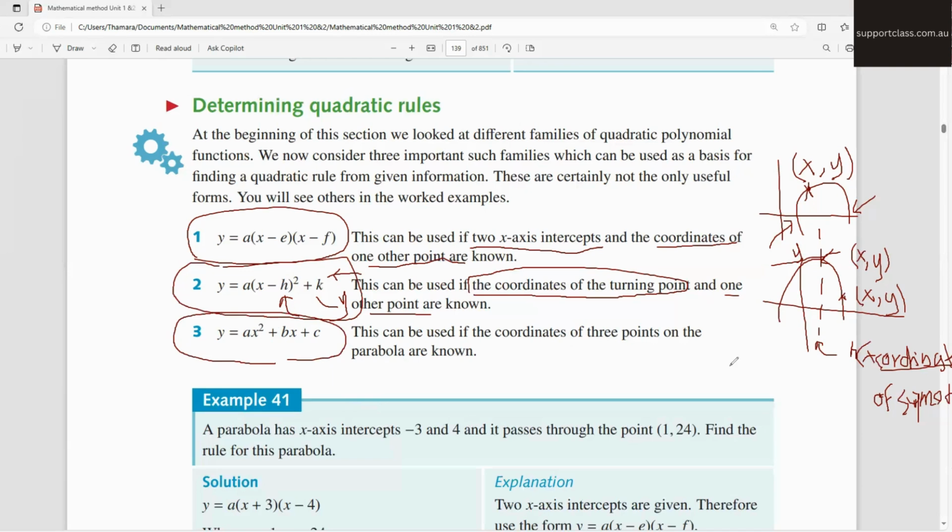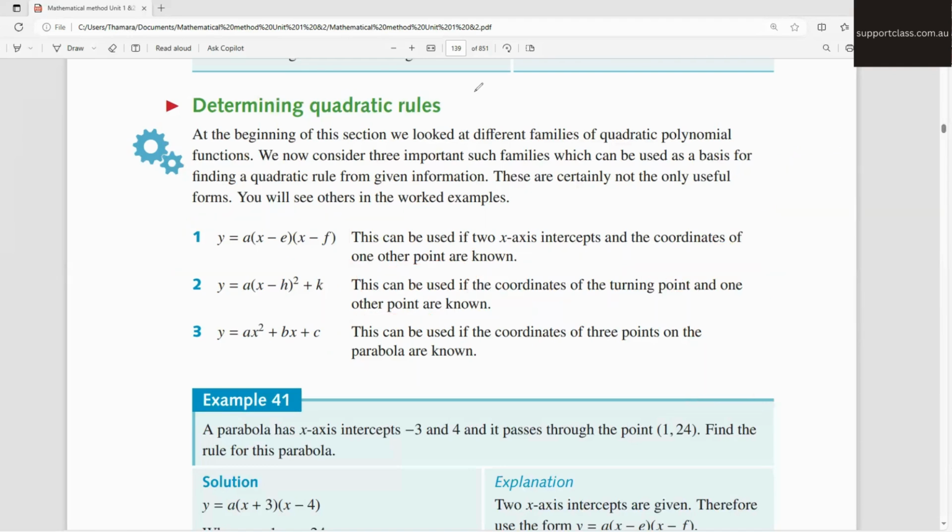So what you need is the three points, A, B and C. That's all you get, the coordinates of three places. So if you got that, we will look at how we do these calculations.